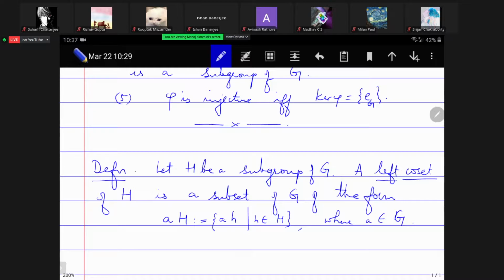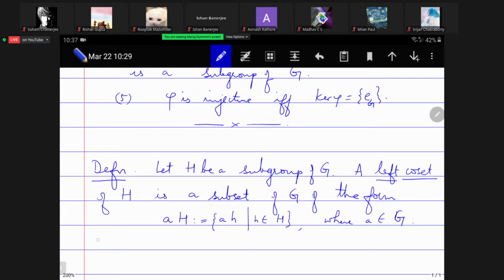So this is also the notation. The left refers to the fact that elements of G multiply H on the left side. That's all.